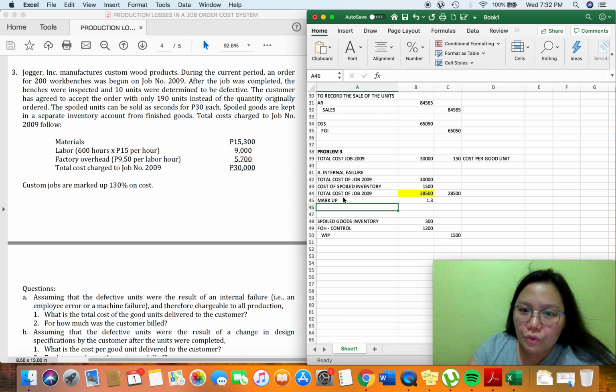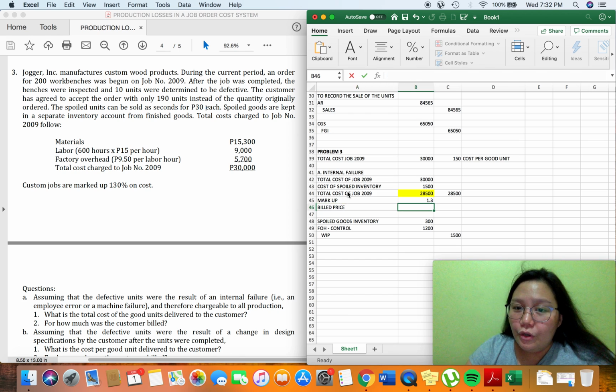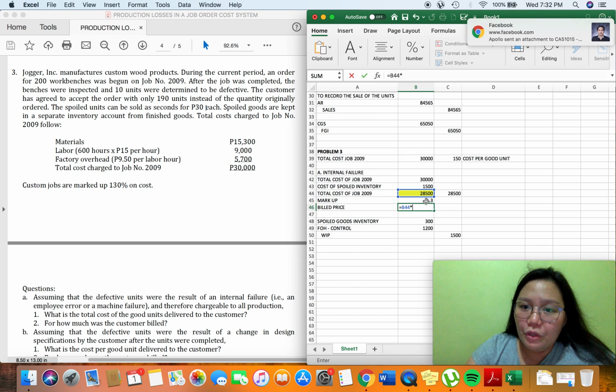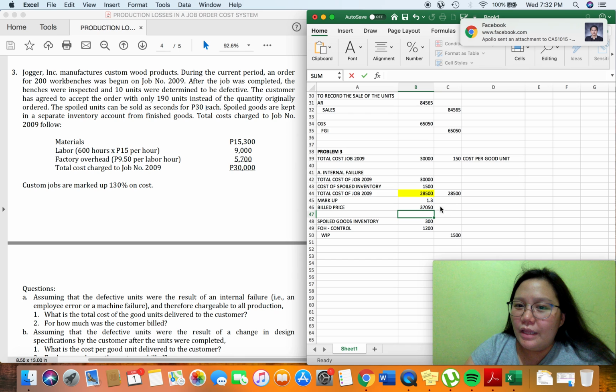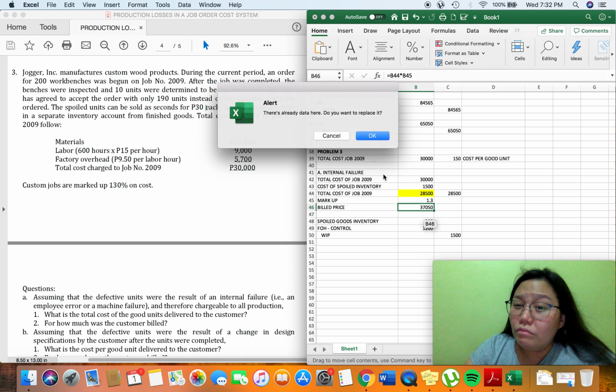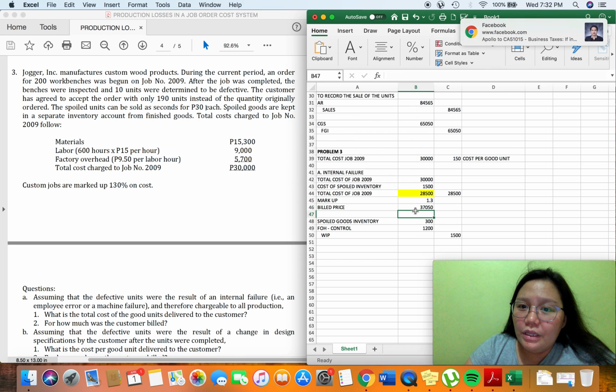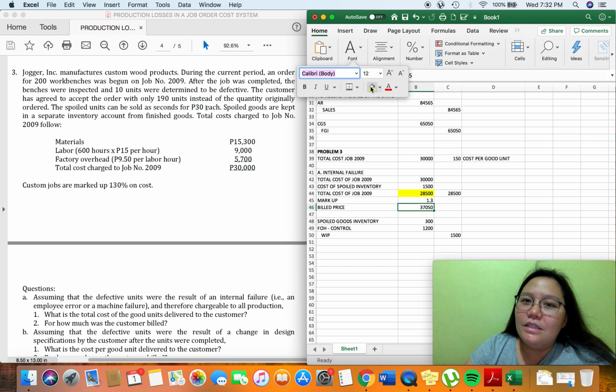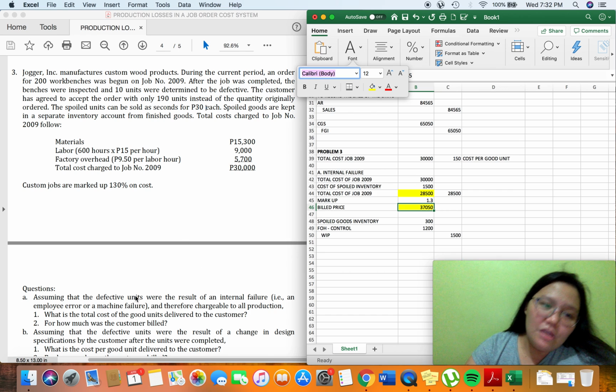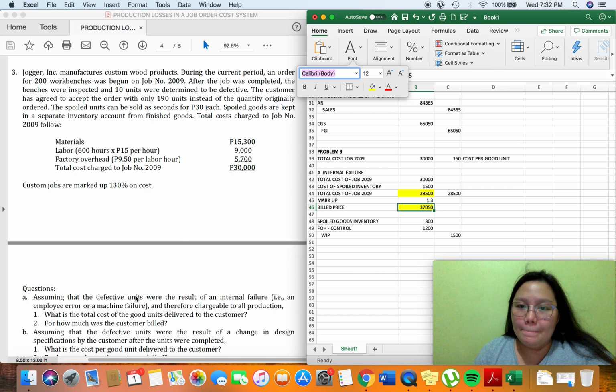So to compute, we have a billed price of 28,500 multiplied by 1.3, and we'll get 37,050. So this is the billed price for problem 3, assumption A. Okay, so there.